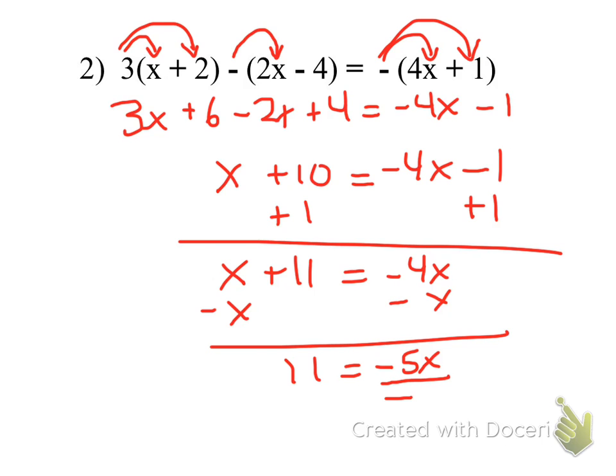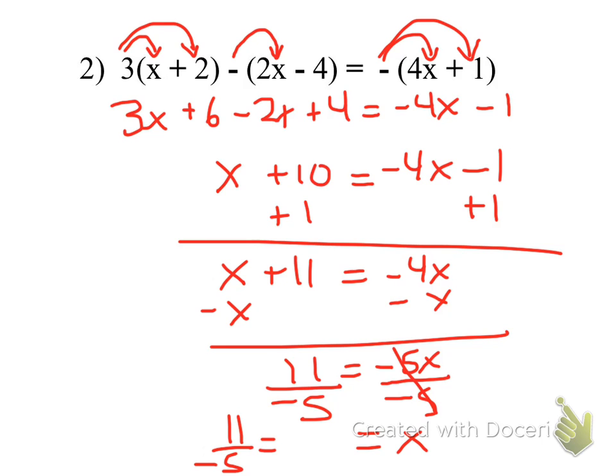Thank you. And now I am left with, Sargis, 11 over negative 5 equals x. Okay, so he's putting my negative up top. 11 over negative 5 equals x.